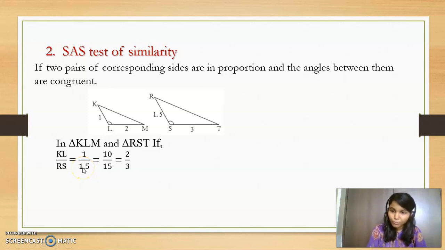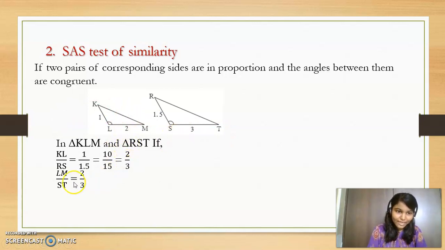For that, if I want to remove the decimal point in the denominator, I'll multiply the numerator and denominator by 10. So 1 into 10 is 10 and 1.5 into 10 will give me 15. So 5 twos are 10, 5 threes are 15, which will give me 2 upon 3. Now let me take the ratio of the other corresponding sides of the triangle, that is LM upon ST, which will give you 2 upon 3.